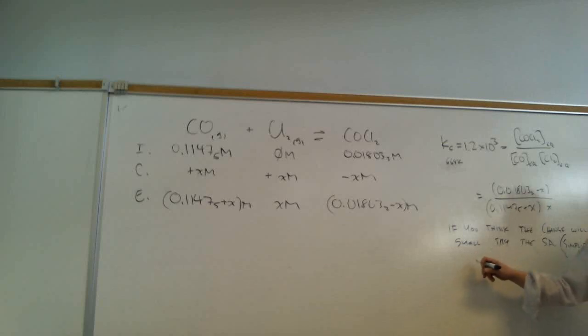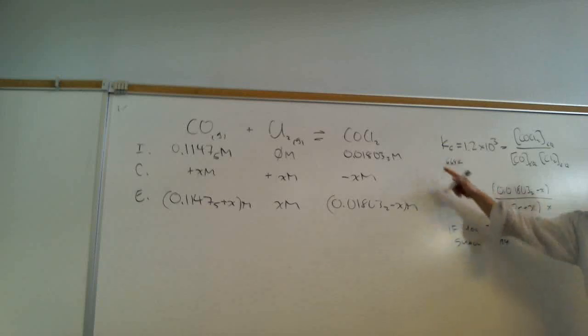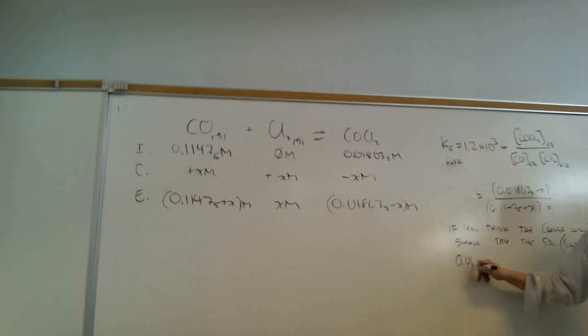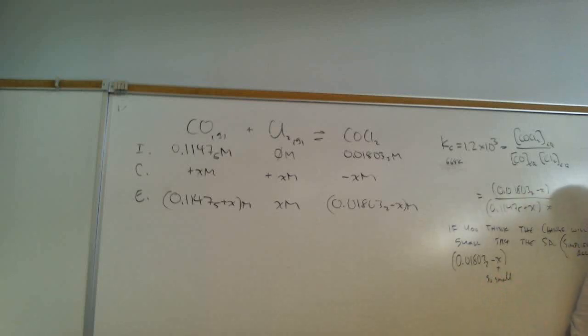The SA would be something like this. For the product, we have 0.018032 minus x. We say that x is so small, it's negligible. It's not zero. It's just not going to make an impact on this. The way we can visualize that is, let's say somebody were to remove a drop of water from the swimming pool.